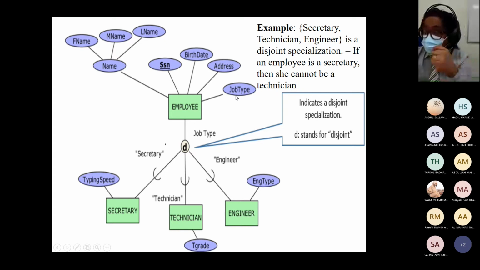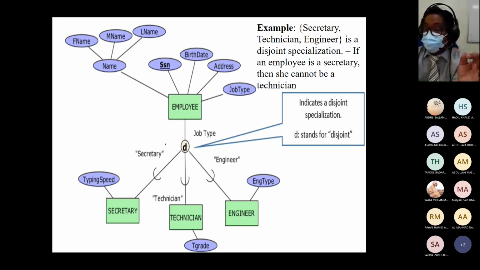But subclasses have specific attributes that only belong to their specific job description, most likely, or nature of work. Like typing speed is only for secretary, technician grade for technician, and engineering type for engineer. So that D basically indicates with that node that the specialization D stands for disjoint.